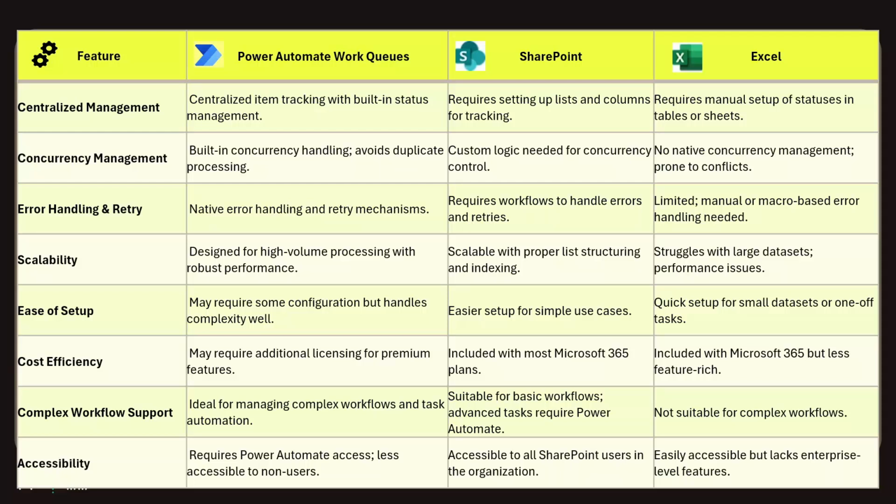For using SharePoint and Excel in a load balancing scenario, we have to configure it, which may take time, and sometimes it won't be as easy as it is with work queues. Each of them has its own advantages. I'm not saying that work queues are better in general, but with respect to this application, the Power Automate work queue is better.